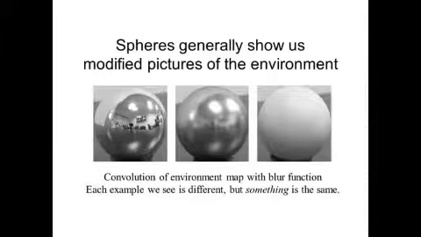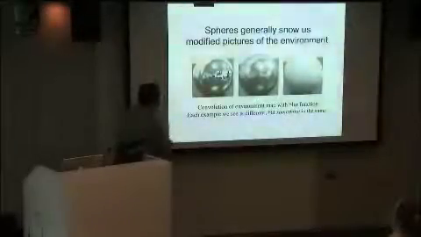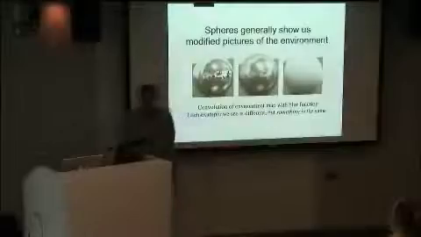Okay, so in general, spheres show us modified pictures of the environment. On the left, that's just a shiny mirrored sphere. Each ray that comes to your eye is bouncing off of some particular location in the room. And this is a sort of brushed metal sphere.